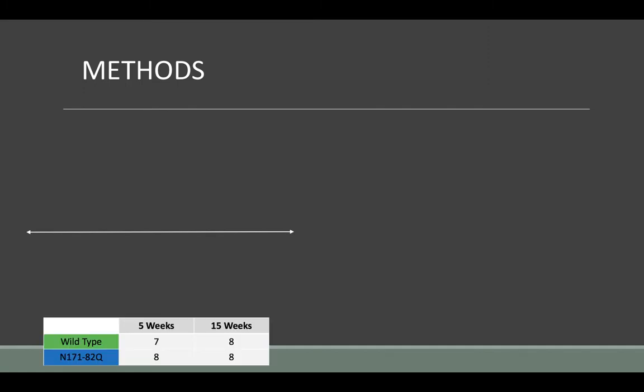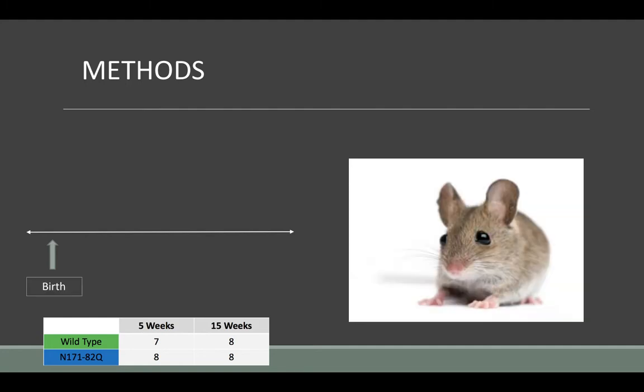So the methods here can be seen pretty clearly on a timeline. Down below is a table of the groups that we had, and they will become more clear, hopefully, as I go through this timeline. So we start with birth. All of the mice were born at the same time, and there were a total of 31 of them that we used in the study.